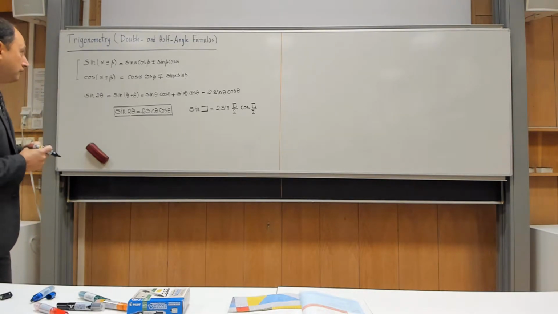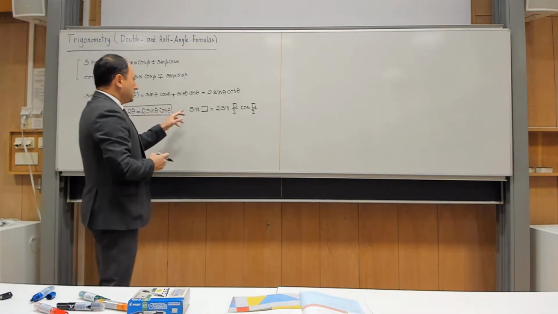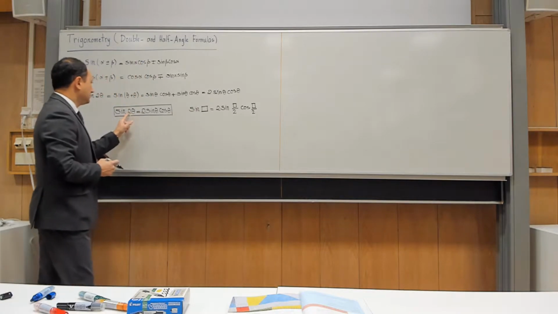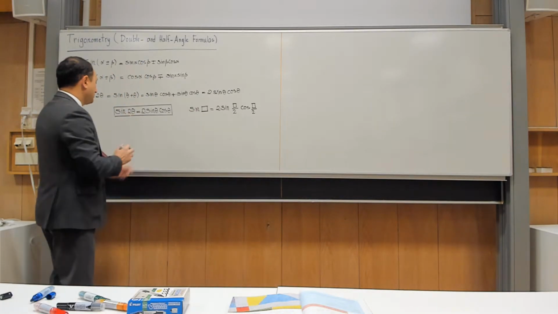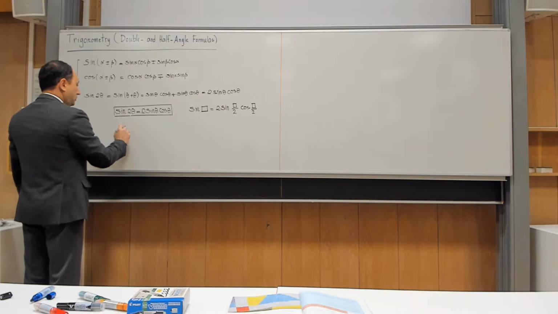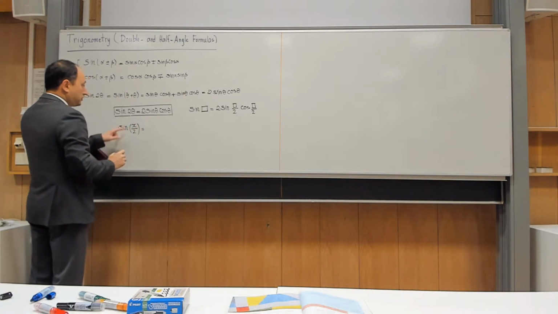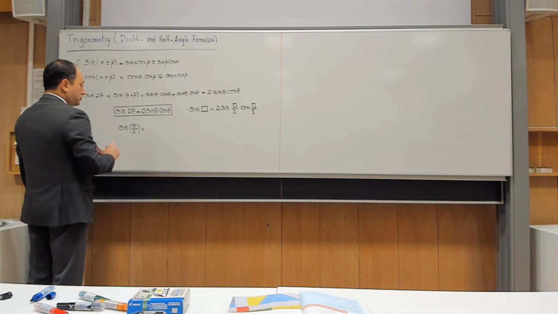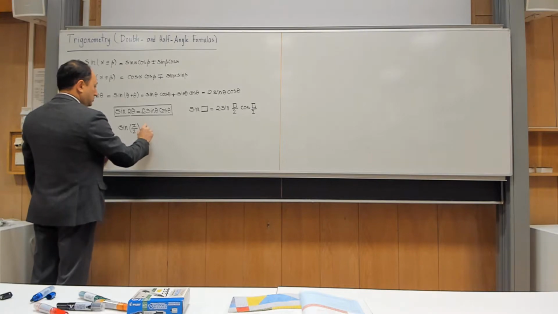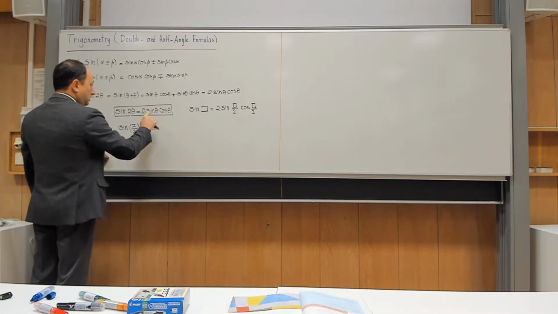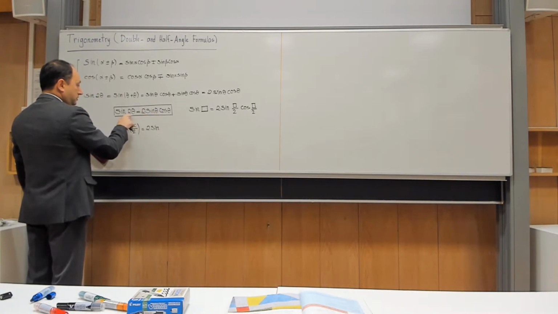It is very important to realize that when you have this formula, for example, if I ask you, can I write something for sine of x over 2, the answer is yes. If I want to use this formula, what should I write? I should write 2 times sine of this angle divided by 2. But this is x over 2.